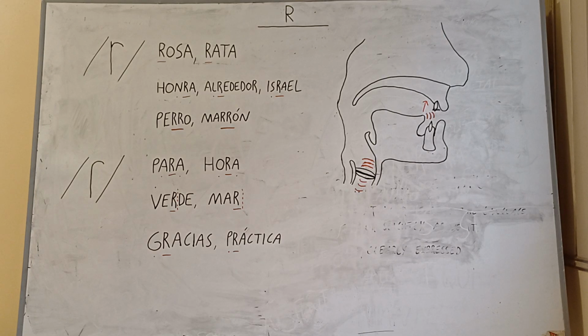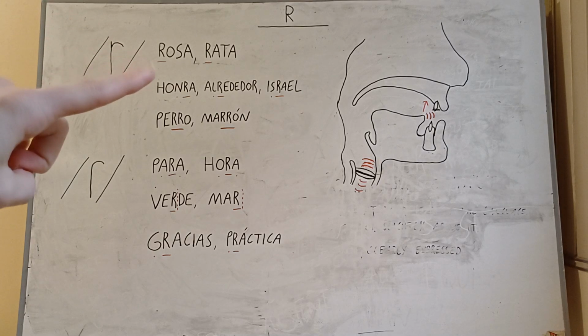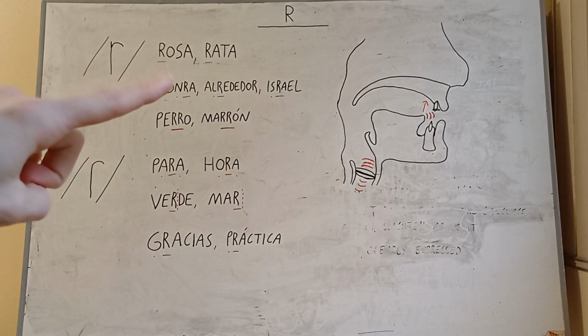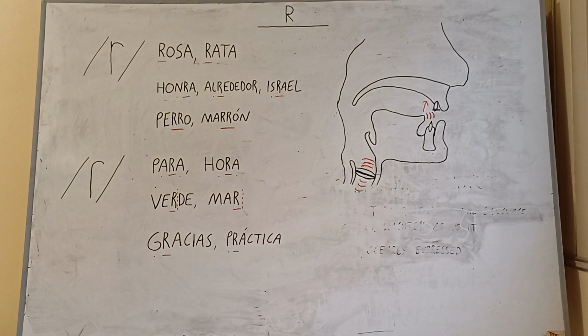First, we pronounce the trilled r sound when the letter R is at the beginning of a word, like in this first row. Rosa, rata.